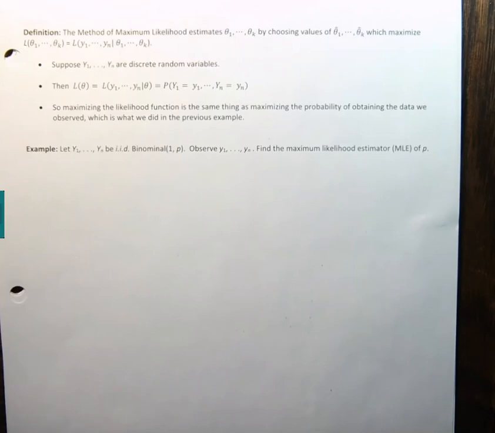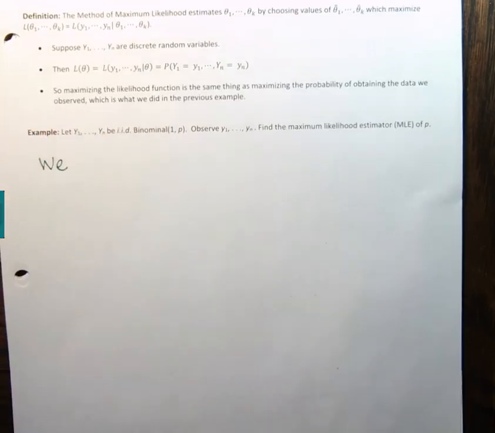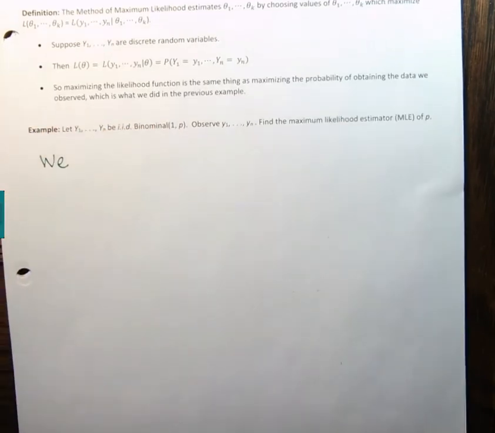So let's look at another example. We're going to let y1 through yn be IID binomial, and we observe y1 through yn. In other words, we've got a sample of n observations. And we're going to find the maximum likelihood estimator of p. Now, we already found previously in the notes the likelihood function for p.